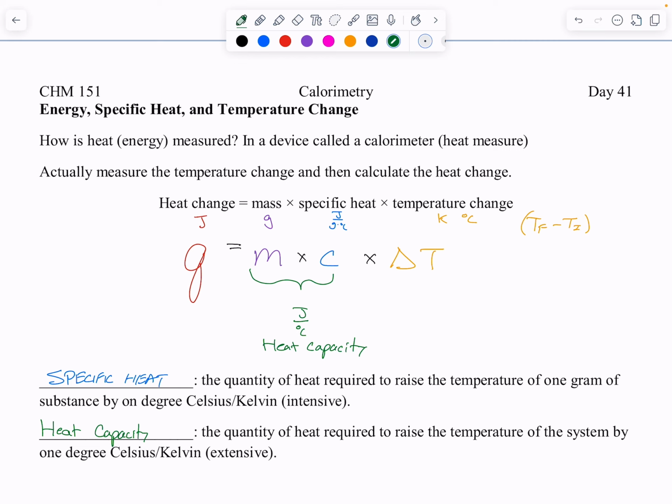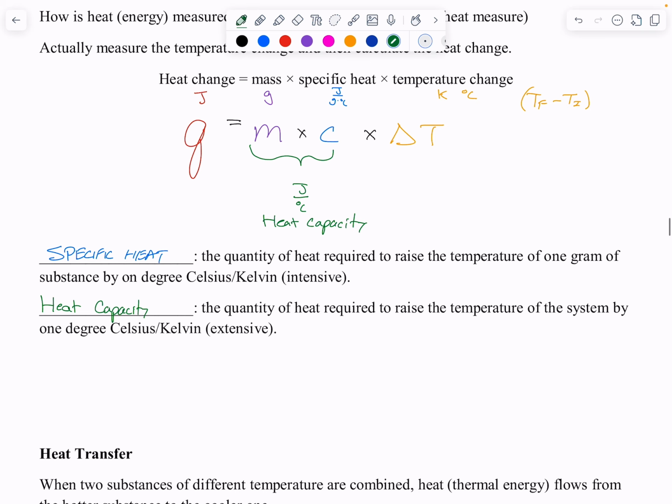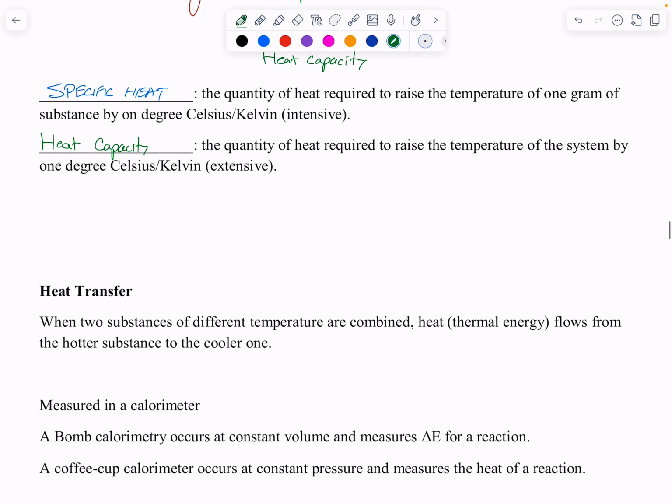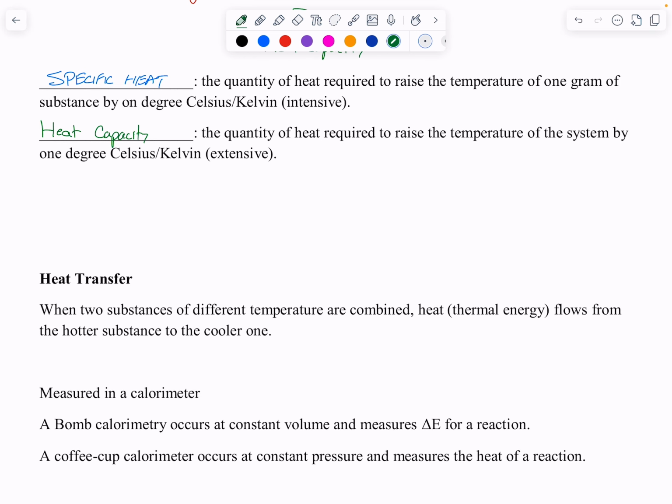All right. So now, when we talk about heat transfer, right, we know that when two substances of different temperature are combined, heat flows from hot to cold, and we know this. Some of us have learned it very painfully, but we know this. All right. And so the two heats, Q, one is the system and one is the surroundings.